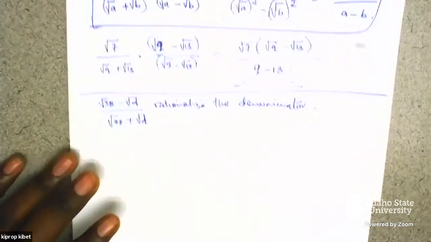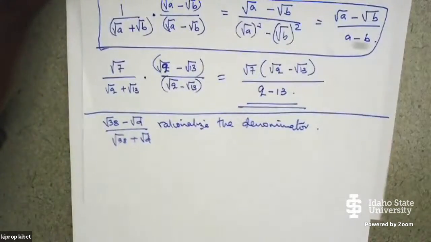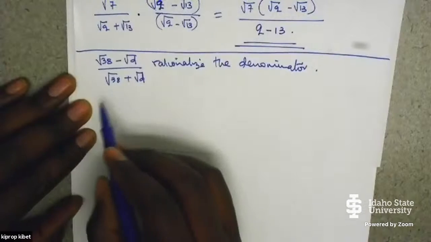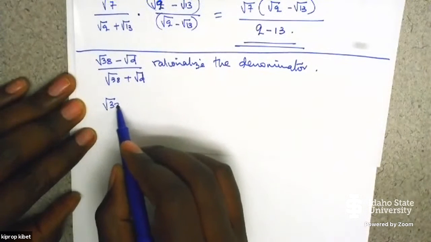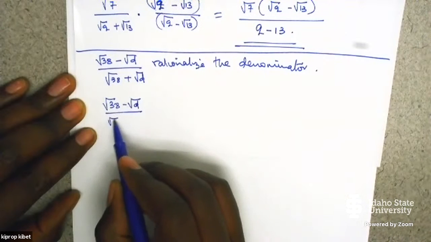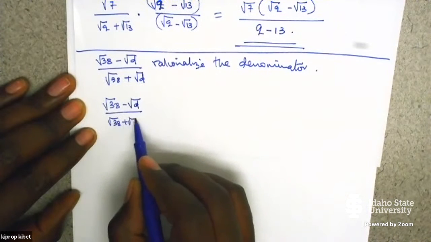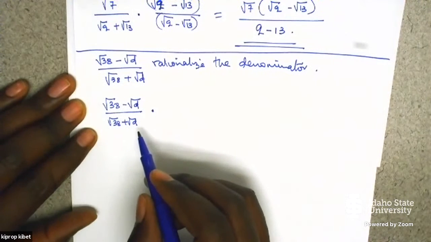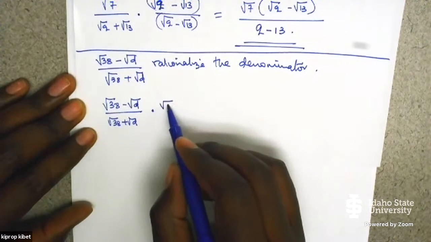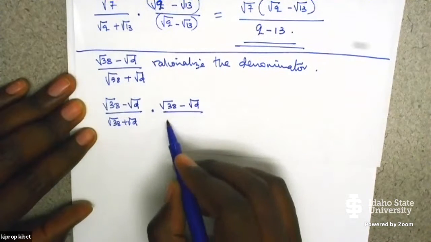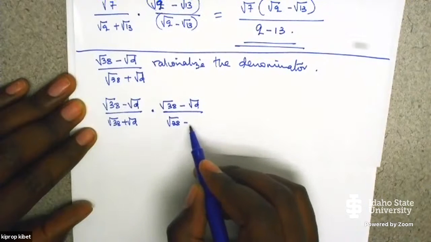Rationalize the denominator. So what did you get? How will you rationalize the denominator? The root of 38 minus the root of d all over the root of 38 plus the root of d, we multiply by the conjugate of the denominator, which is the root of 38 minus the root of d all over the root of 38 minus the root of d.